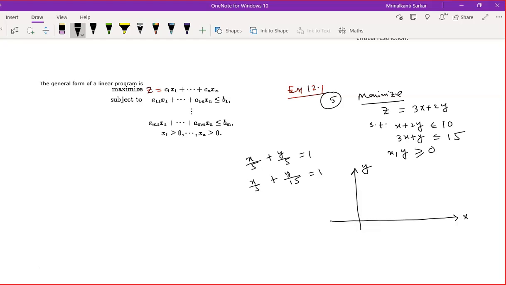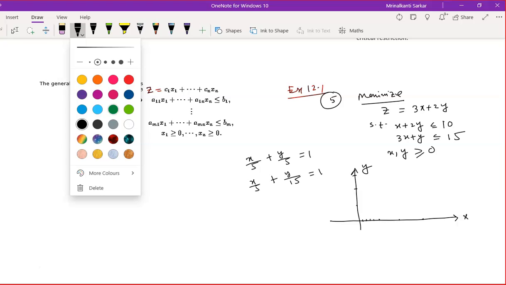First one is x by 5. Say this is 1, 2, 3, 4, 5. This is 10 and this is 15. Here also in the same manner, this is 5, this is 10 and 15 in the graph. Now let us plot the first line.